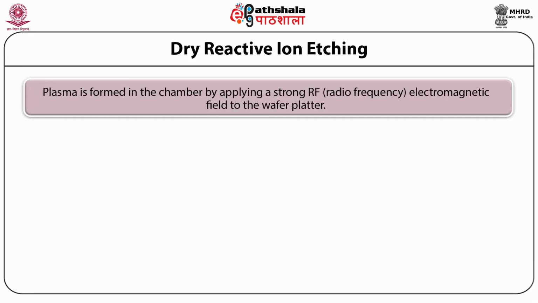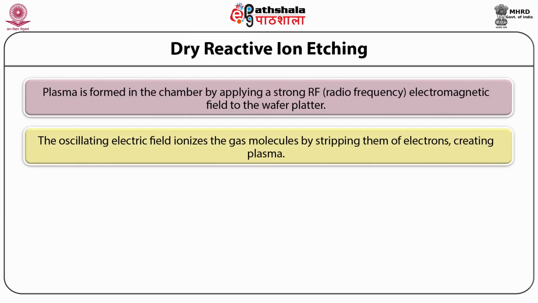Plasma is formed in the chamber by applying a strong radio frequency electromagnetic field to the wafer platter. The oscillating electric field ionizes the gas molecules by stripping them of electrons, creating plasma.